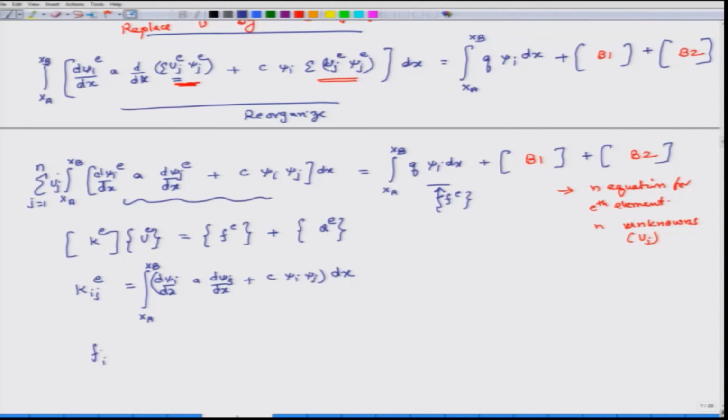The definition of Fi is the integral of q times psi I times dx, and my Q matrix will essentially be minus a u prime evaluated at x a and a u prime evaluated at x b, from B1 and B2.